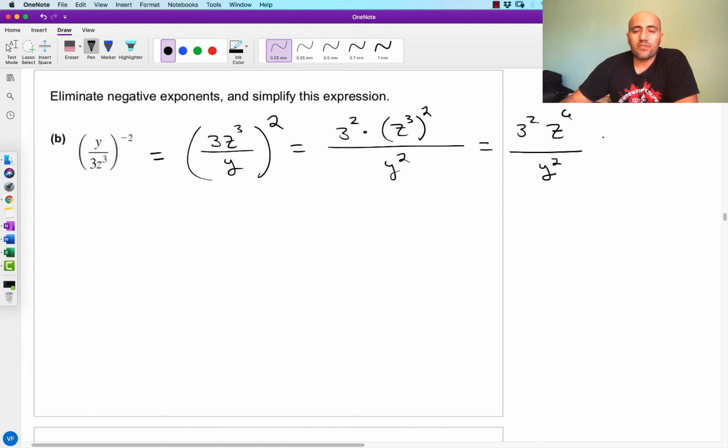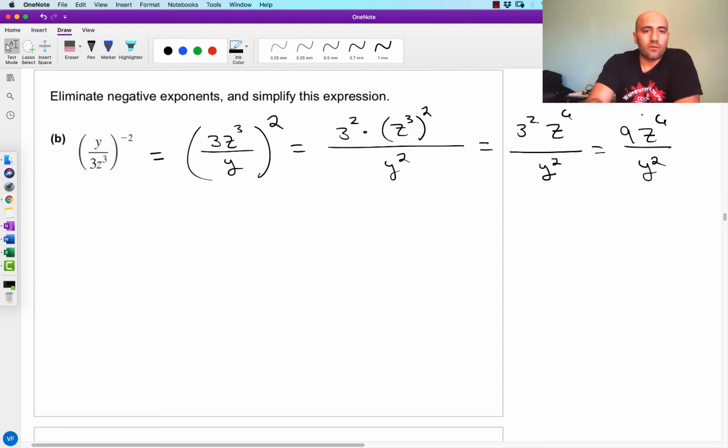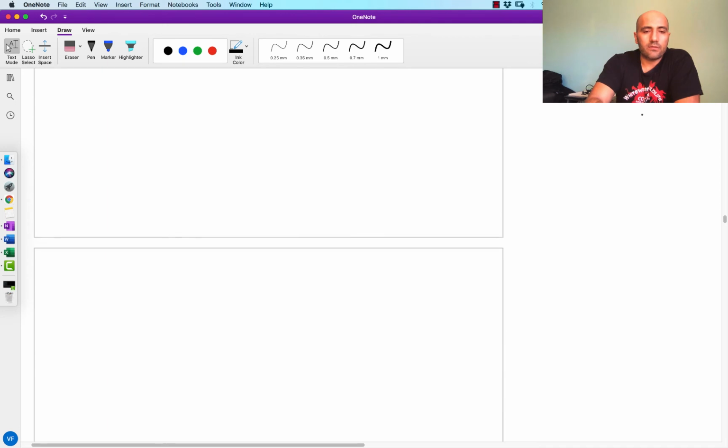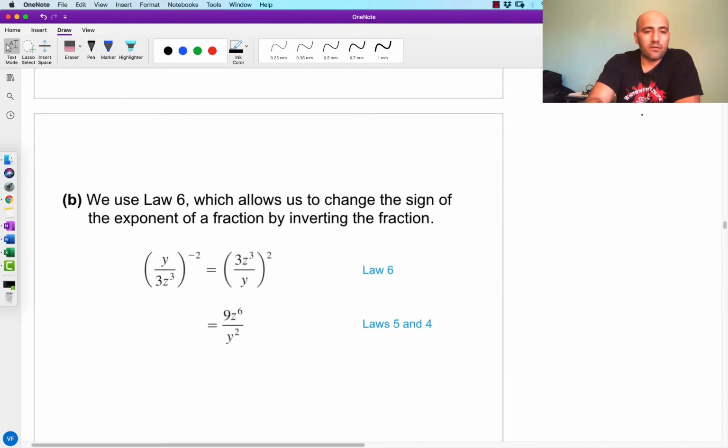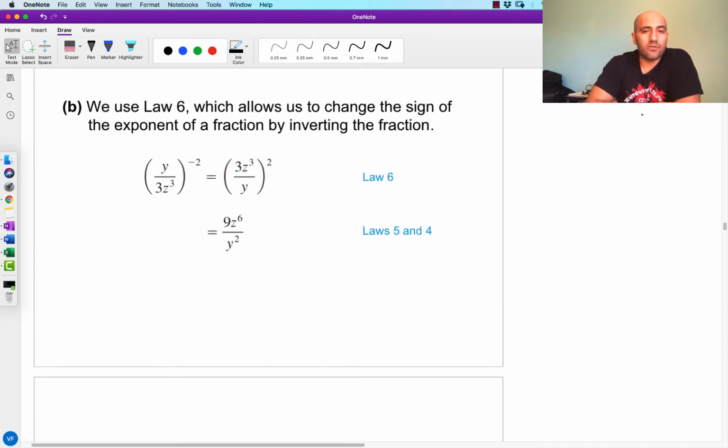Good. 3 squared is a 9, so I think most people would just go ahead and multiply that out and get 9z to the 6th power divided by y squared. I think that would be a good place to end with this one. Good. Okay, so here's the author's solution, identical to mine.